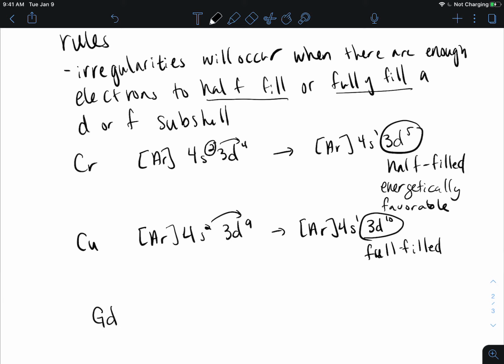Gadolinium, we would expect it to be [Xe] 6s2 4f8.